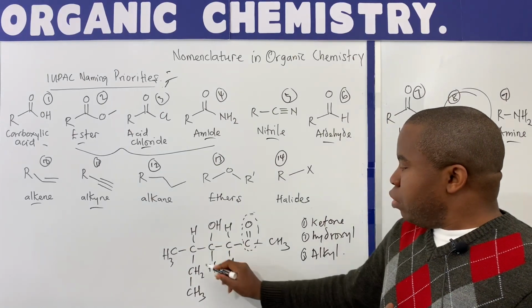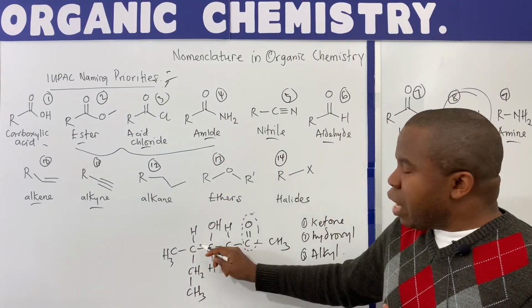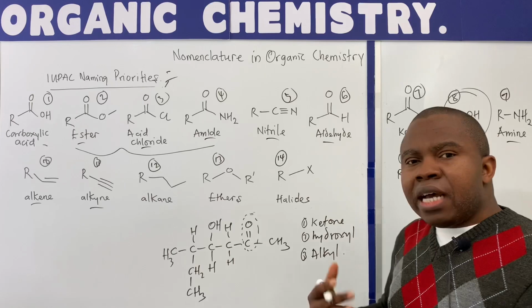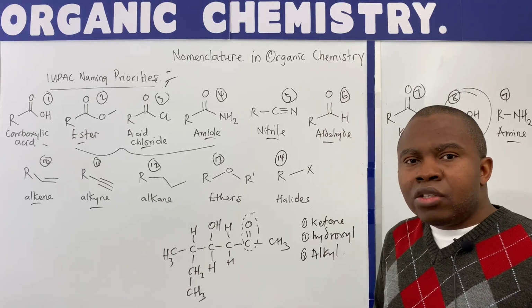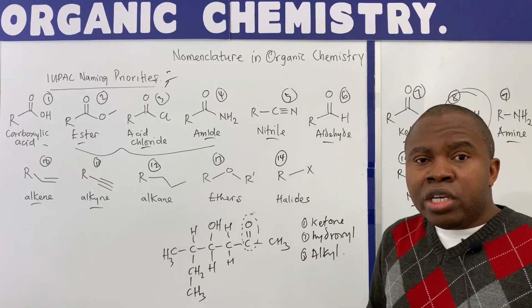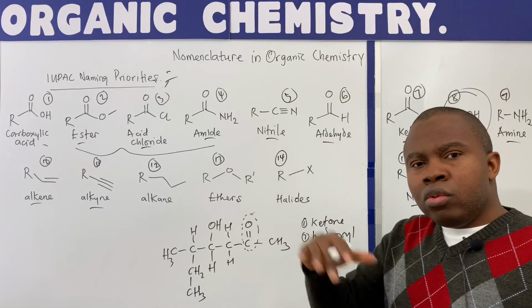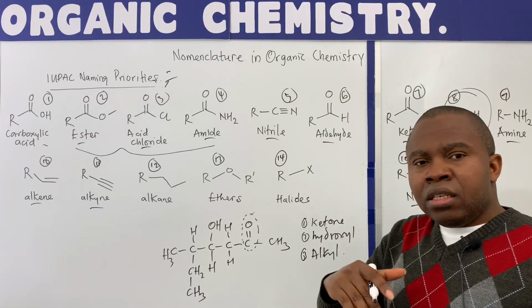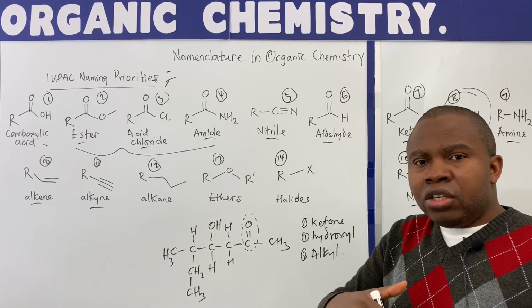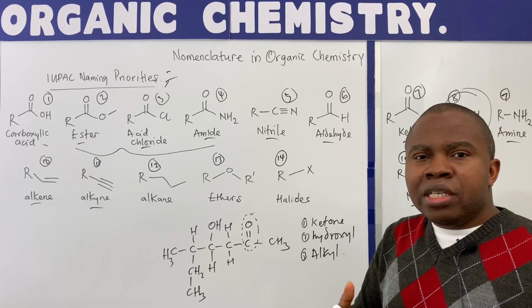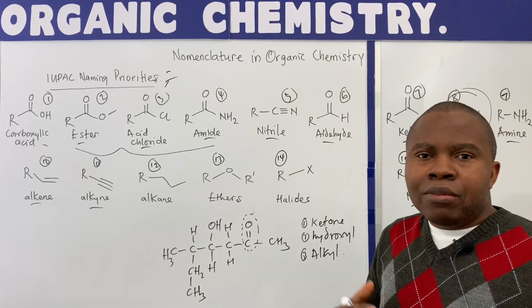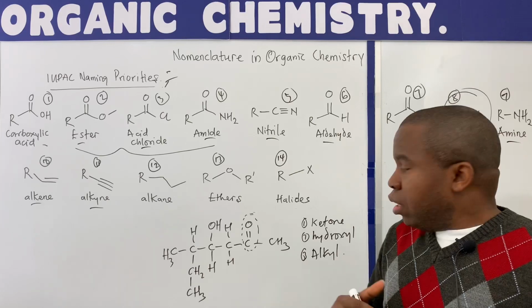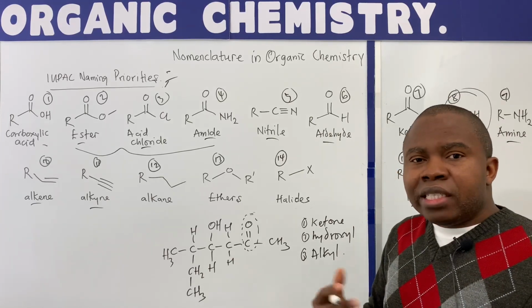But if you look very well, you realize that we have a branch chain, and in identifying the longest carbon to carbon chain in an organic molecule, we need to follow the branch chain, just so we can determine if the longest carbon to carbon chain is still part of the branch chain.